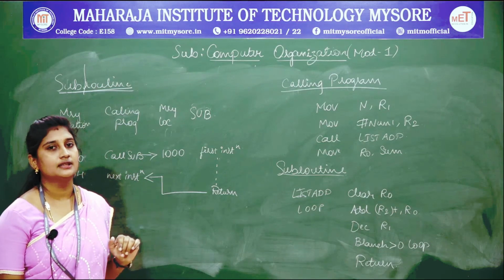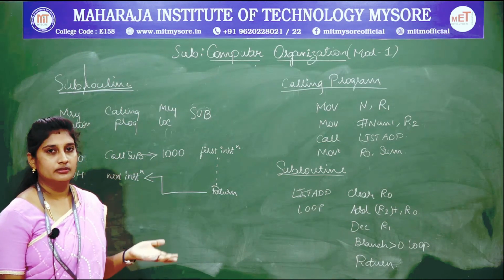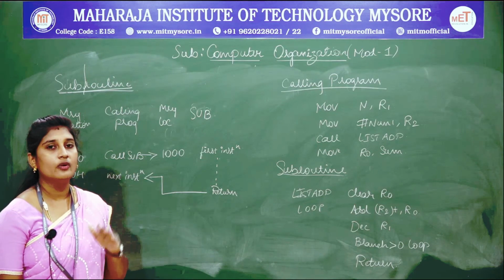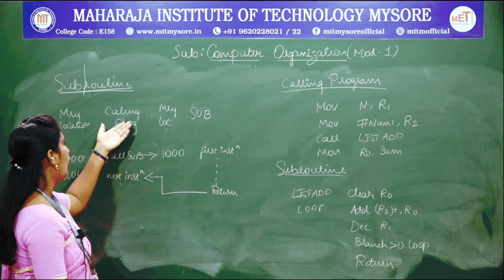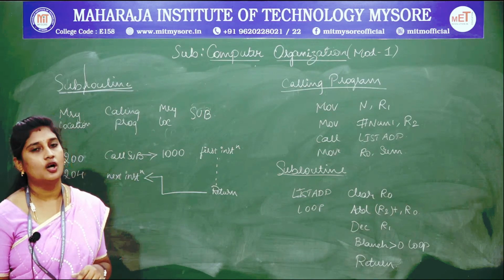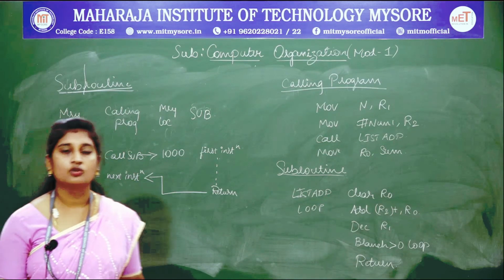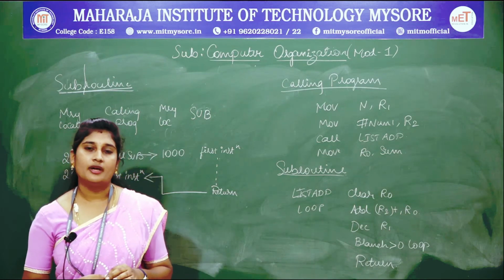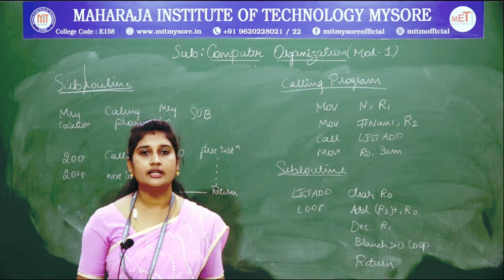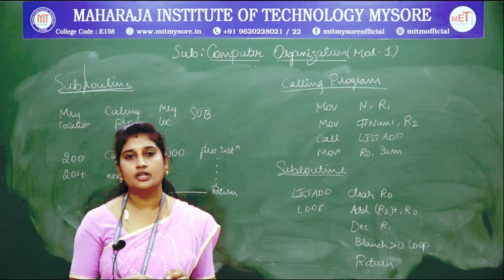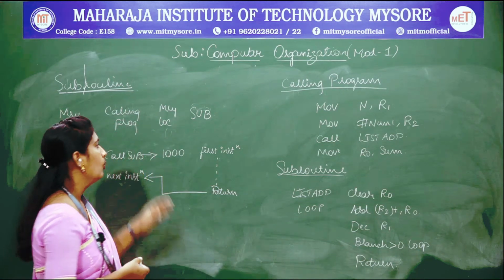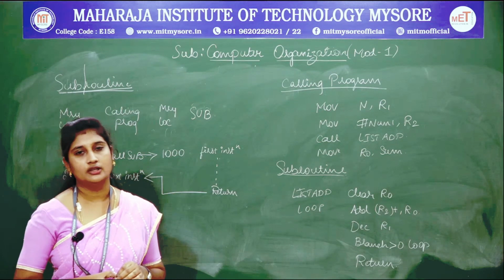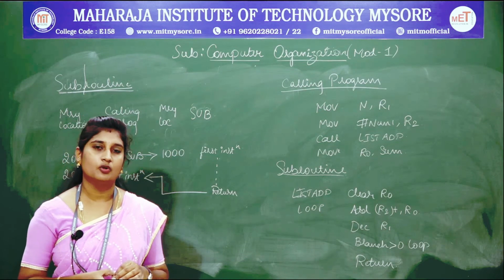So a subroutine is nothing but a given task, having a set of instructions, which is called by the calling program. When the subroutine is called, the program execution gets altered immediately and shifts to the memory location where the subroutine is present, and executes the instructions of the subroutine.